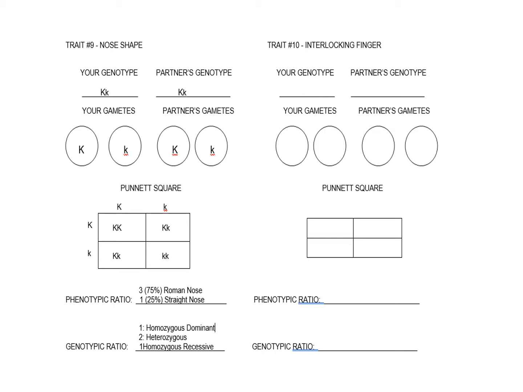So you write those down, and then a Punnett square. This Punnett square here is a theoretical way of determining, if you knew the genotype of the parents, which is the big K, little k up here in the egg and the sperm, you could make a prediction of the potential outcome of offspring and what chance they have of having a Roman nose or a straight nose.